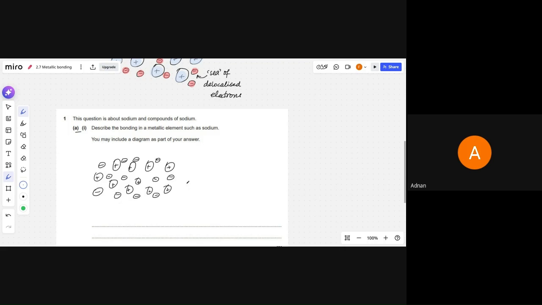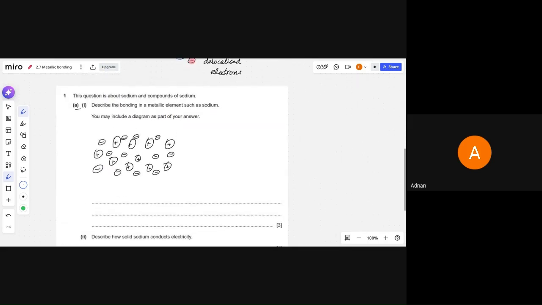And then it will be considered correct. This question has 3 marks. So you can say that in metallic bonding we have positive ions and a sea of delocalized electrons, sea of electrons or delocalized electrons, and there is attraction between positive ions and electrons, and they attract each other, right?